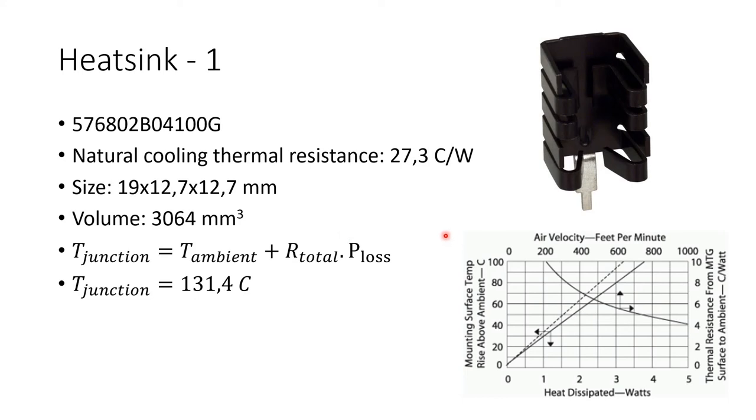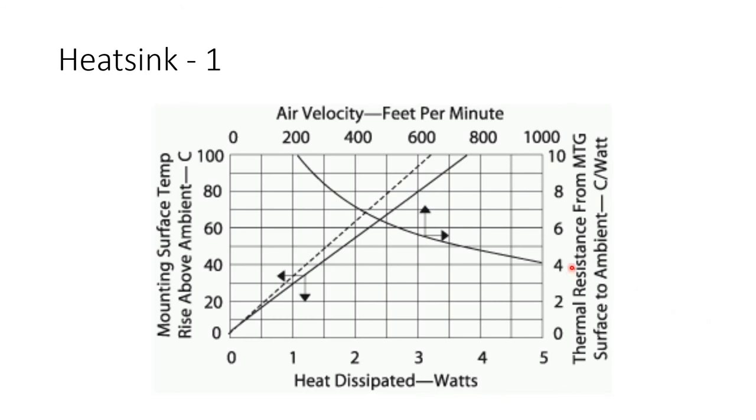When you look at the data sheets of heatsinks, you generally see a graph like that. I want to go into a little bit of detail about this graph, because you will be seeing it in your personal life. This graph actually consists of 2 different graphs.